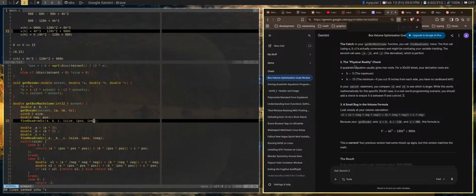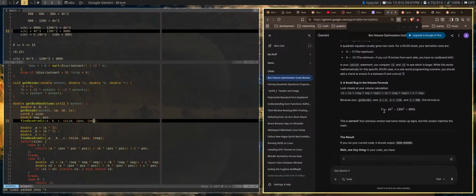And ChatGPT, I mean, AI could be lying to me, but oh, you're right. I didn't check the... Well, okay. Well, it's fine. This version matches the math. Okay, cool.